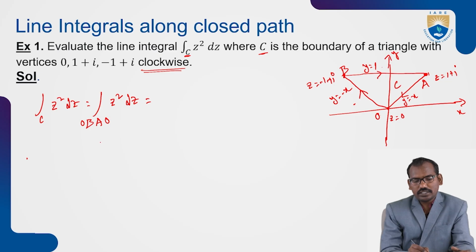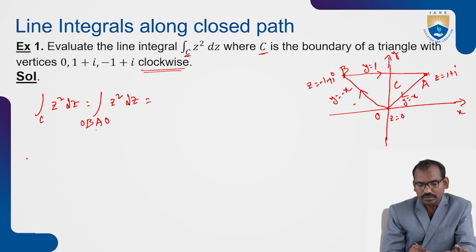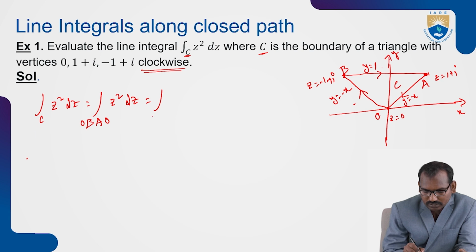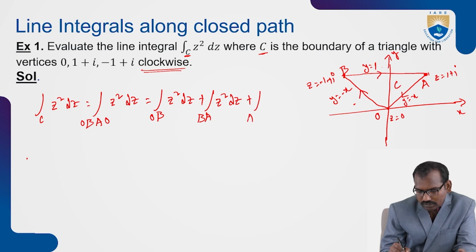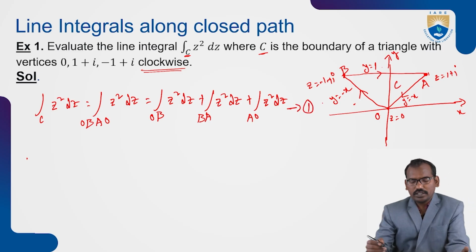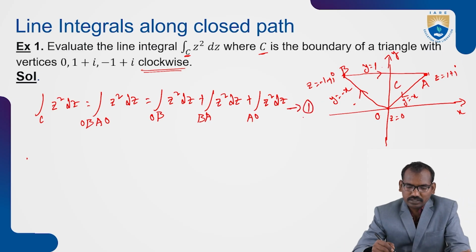I am going to split this integration into 3 parts: integration along OB of z square dz, plus integration along BA of z square dz, plus integration along AO of z square dz. Writing this as equation number 1.